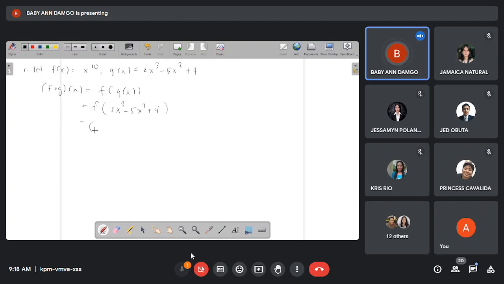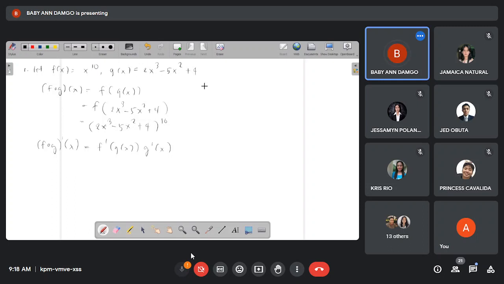So this is 2x cubed minus 5x squared plus 4 to the power of 10. So now, we get the derivative of this. Okay? So the derivative is f prime of g of x times g prime of x.